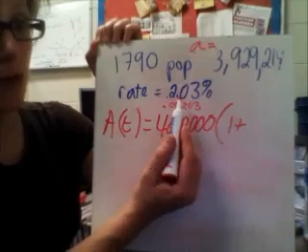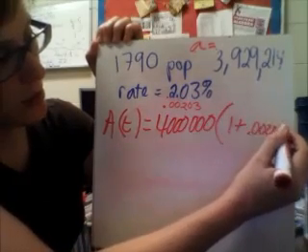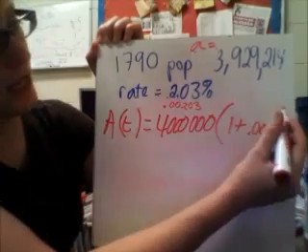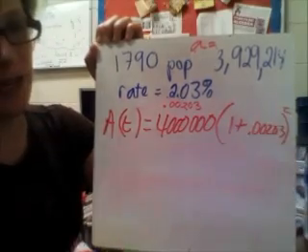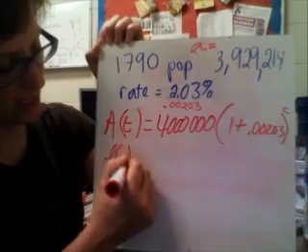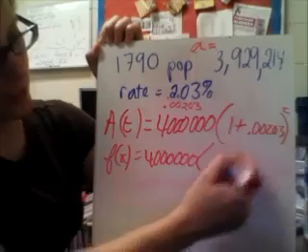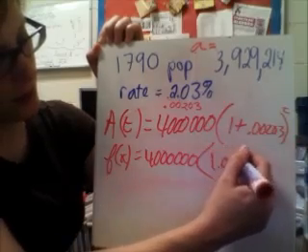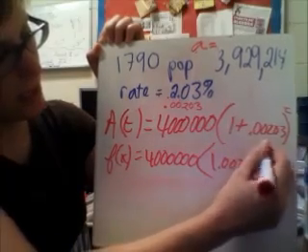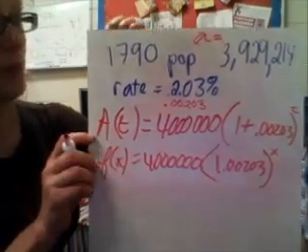Remember how you turn percents into regular numbers? And we're going to raise it to the t. Can you put that in your calculator as it is? No, you cannot, but if you changed it to x's, could you? I'm going to condense that. Yes, you can. You can put that in your calculator, so you can graph this function.